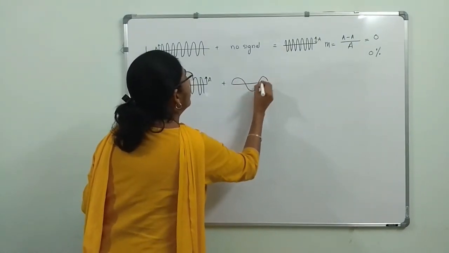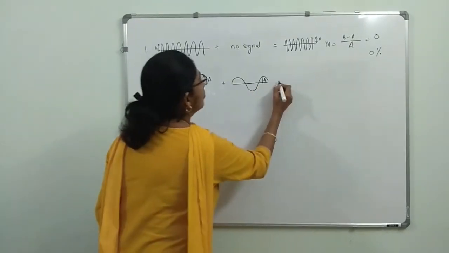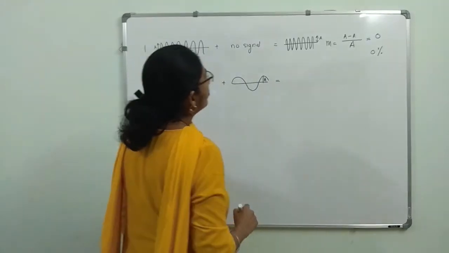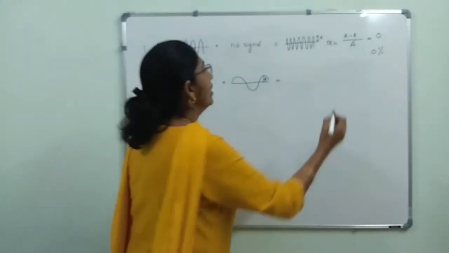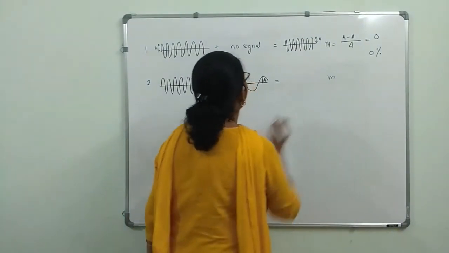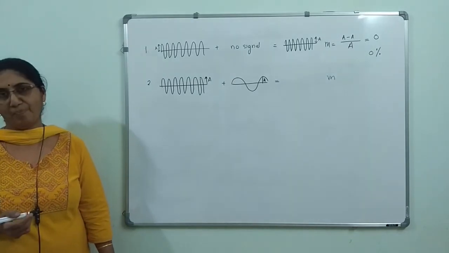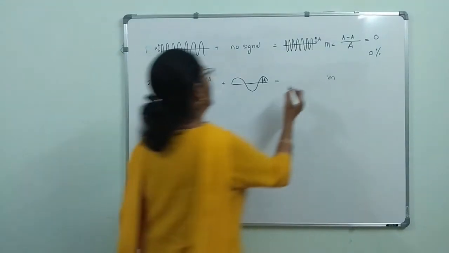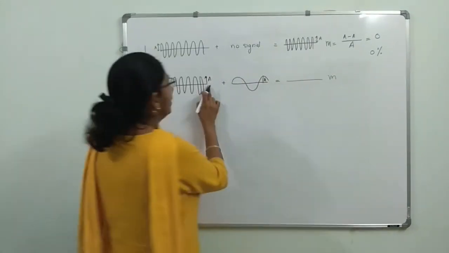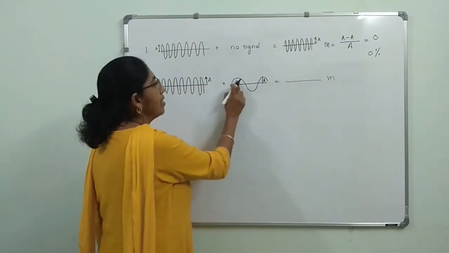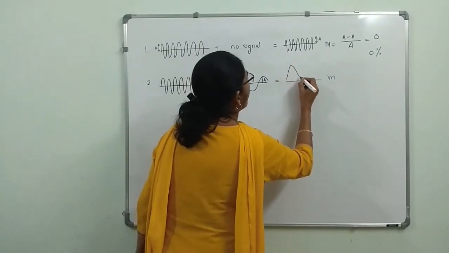This is also A. So the modulated wave in this case, can you write down what is M? What is the shape of the modulated wave? Its amplitude increases. It becomes 2A.